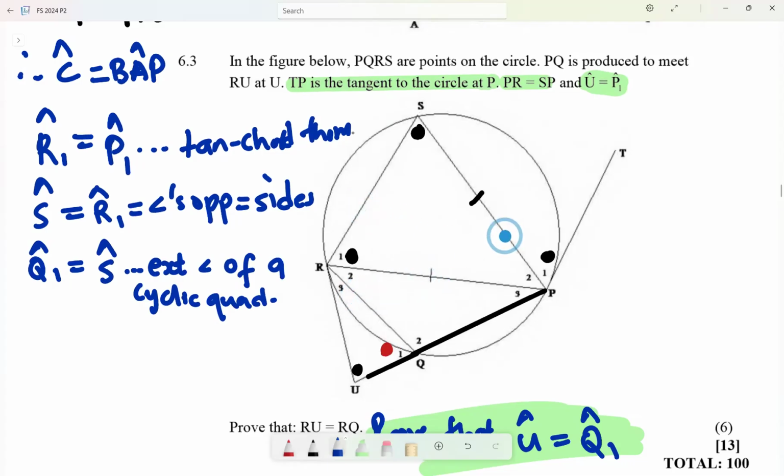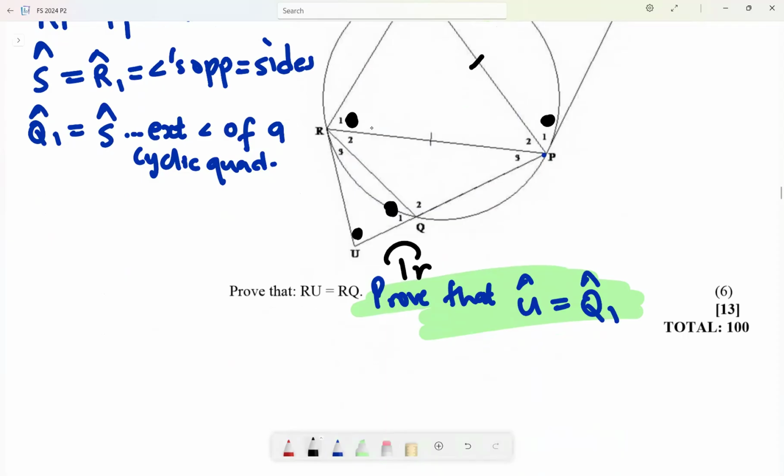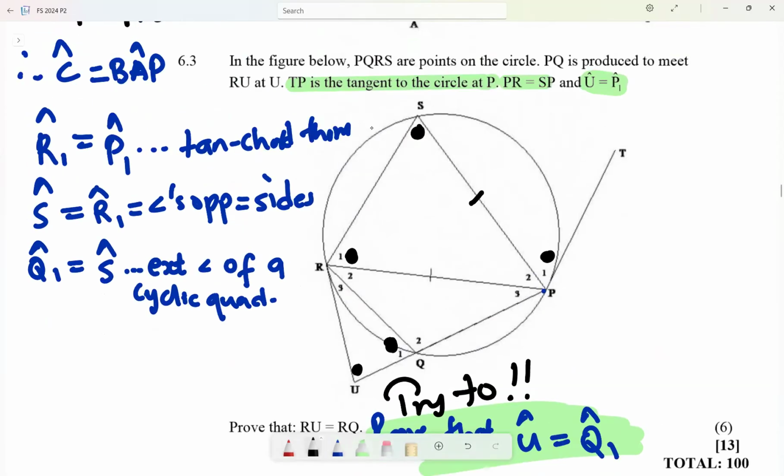Can you see now? If this is equal to that, it means this one will gain a black shade. Finally, here is my attempt to prove that angle U is equal to angle Q1. Good. Now check.